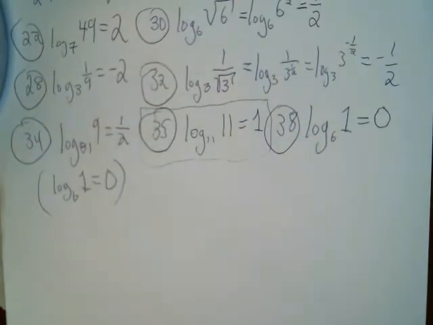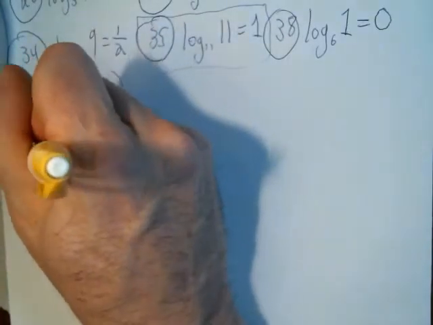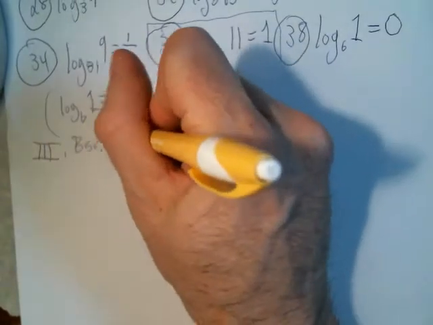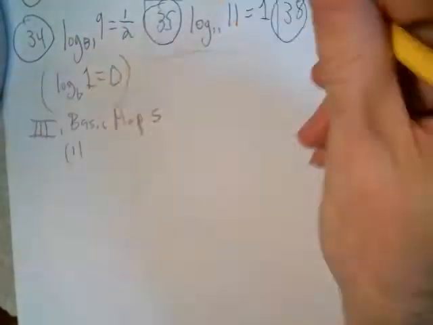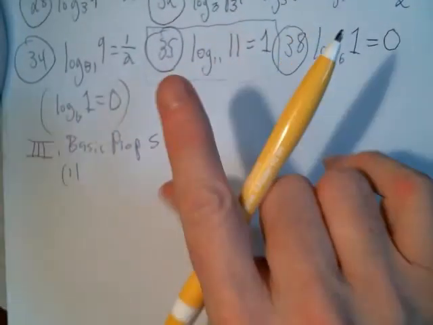Okay, so that in mind, we can continue on with that and say, all right, there's some basic properties going on here, right? So section 3, the basic properties. And 1 is 35, the property we're seeing in 35.